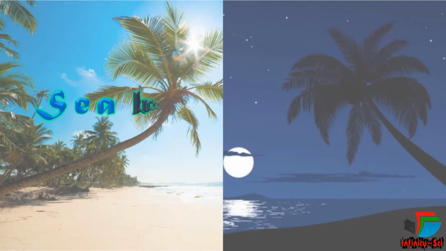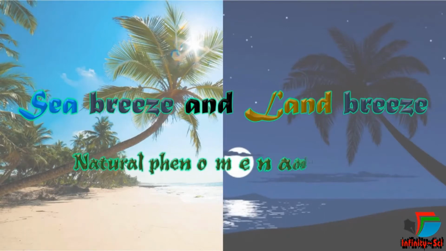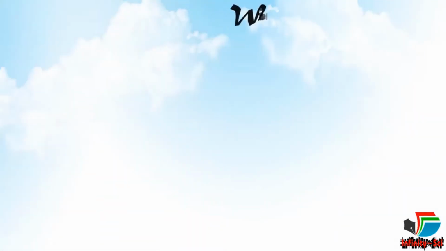Enjoy! Hi, in this video we are going to look at sea breeze and land breeze. These are natural phenomena, and after them we'll be looking at disasters. A sea breeze and a land breeze only occur because of wind. And first we have to understand what wind is.